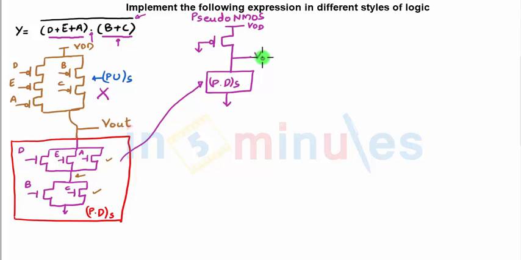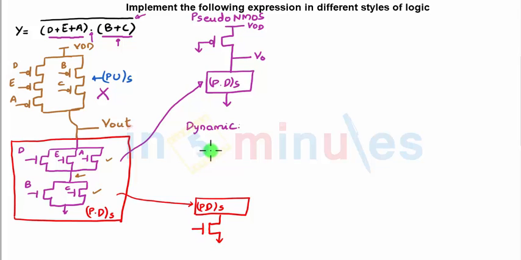Let's quickly go ahead and implement the same using dynamic style as well. Here we are going to do the dynamic style implementation. In dynamic style also, we have already seen that the pull-down of static needs to be drawn. Additionally, it will have another NMOS transistor, which is nothing but my footer transistor connected in series and closer to ground, and there will be a header transistor also, which is nothing but a PMOS, and both this PMOS and NMOS have their inputs shorted and it's given as phi.